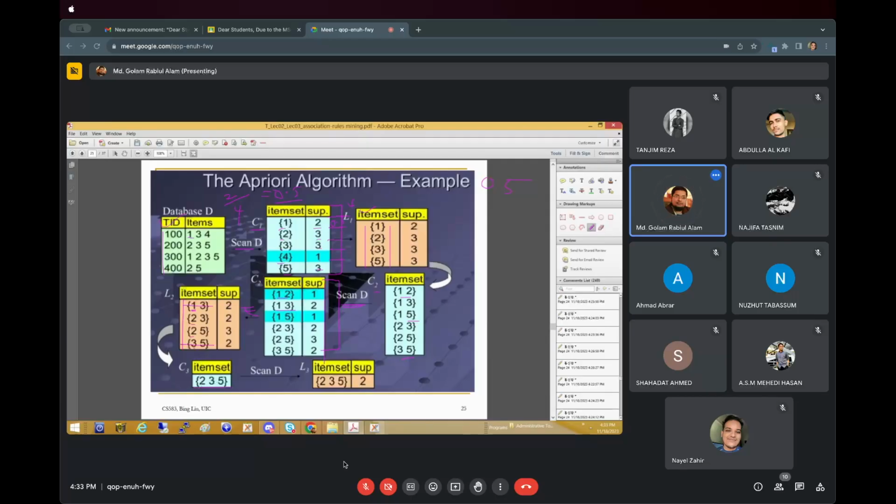This is the candidate item set, but we can check whether we can prune it or not. For pruning, we think about the 2 item sets. The possible 2 item sets are 2, 3, then 2, 5, and then 3, 5.